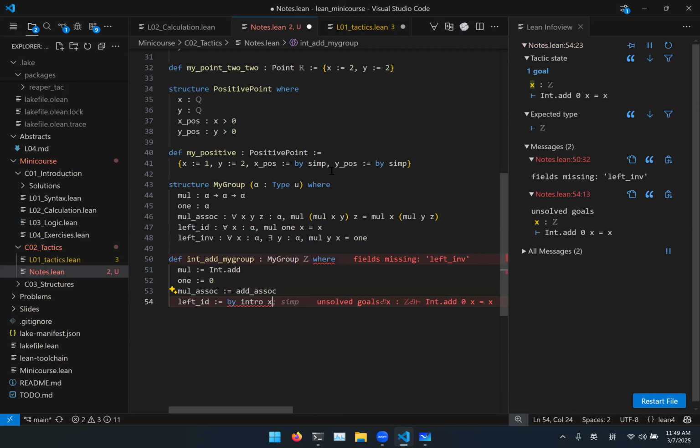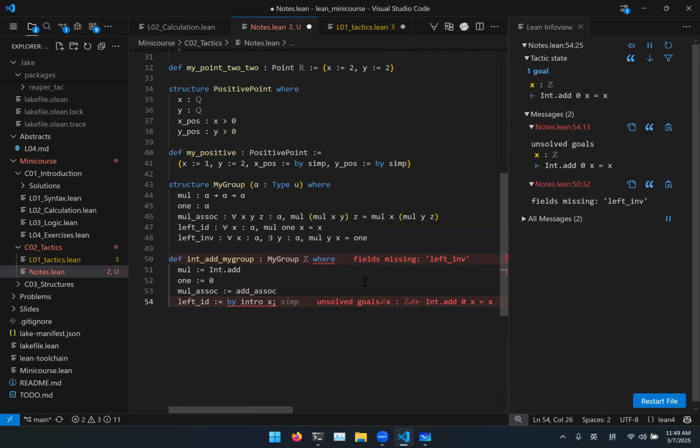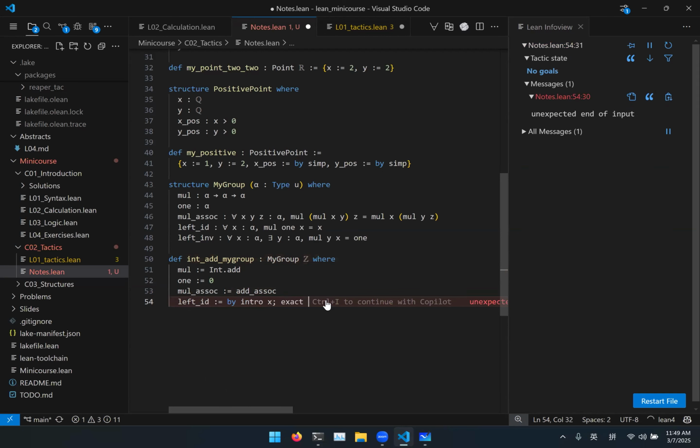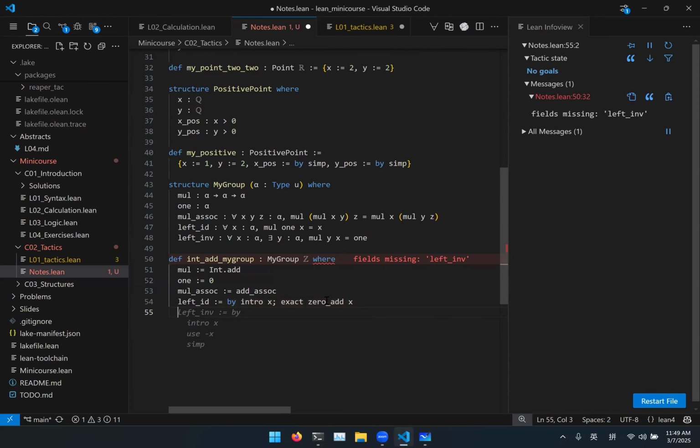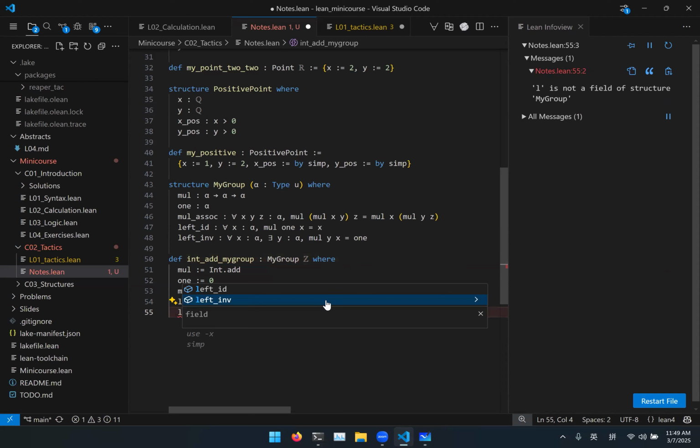We can intro x. We can see that it's actually 0 add x equal to x, which is a very simple lemma in Z. We can use exact zero_add x. This will finish it for us.